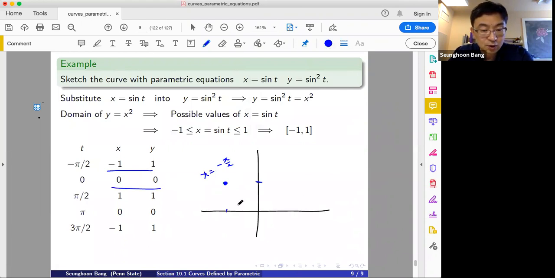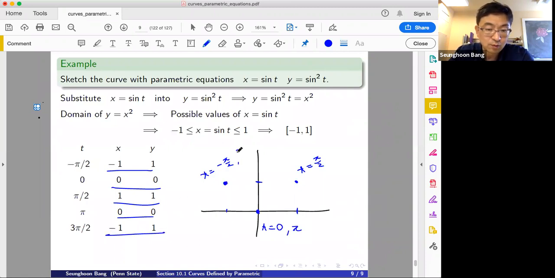Next, (0, 0): the t is 0. Then (1, 1): t is pi over 2. The point (0, 0) again, t is pi. Then (-1, 1), t is 3 pi over 2.